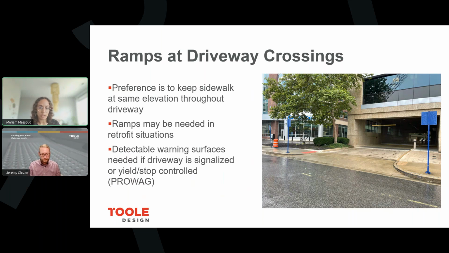But you might have to do a curb ramp in some retrofit situations. One key thing to know here is that PROWAG only requires detectable warning surfaces at those ramps if the driveway is either signalized or has yield or stop control. So if the driveway is not signalized or it doesn't have stop or yield control, then you don't need to put the detectable warnings.